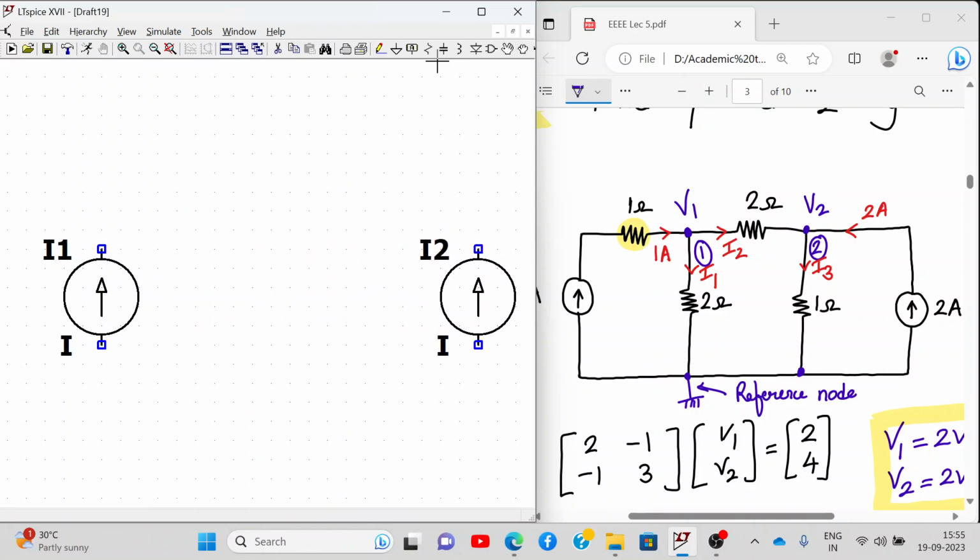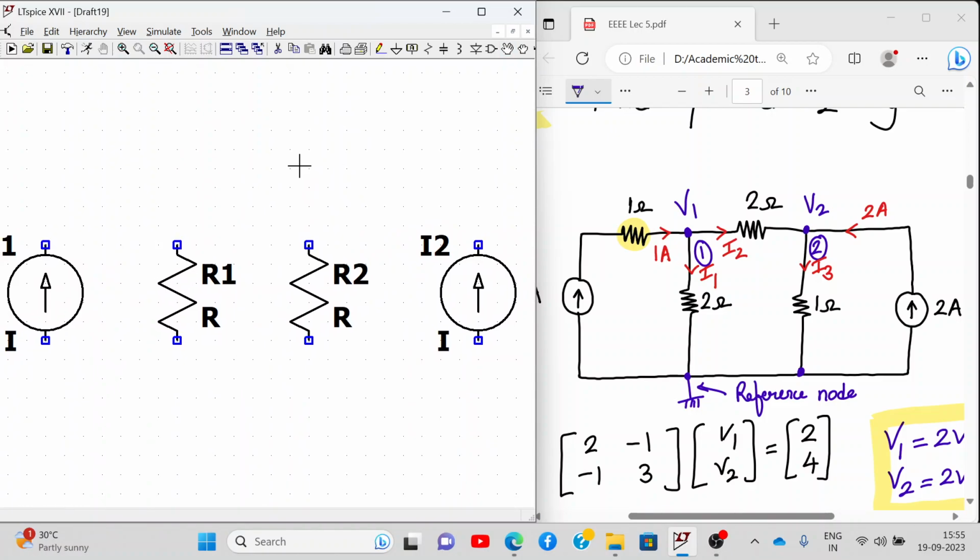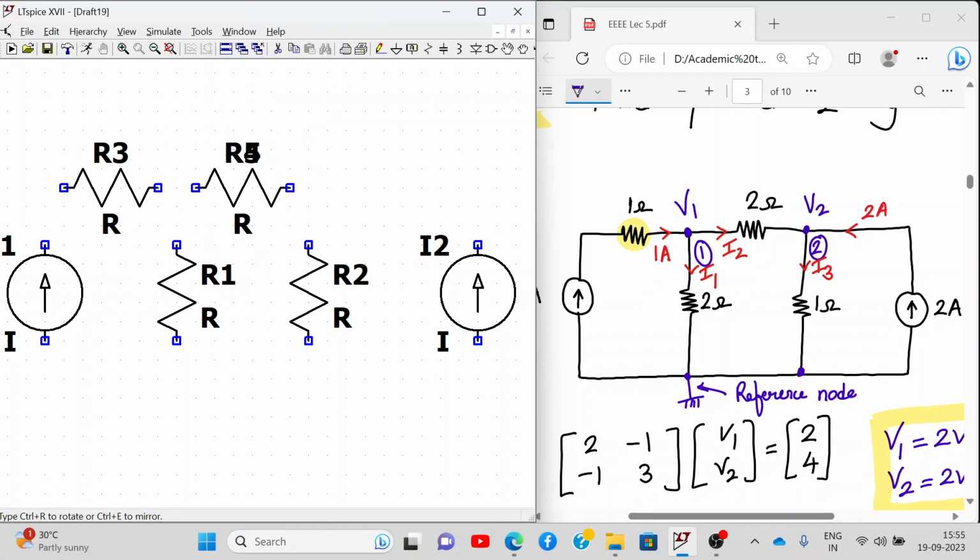Now I require a resistor, so you take the resistor from here and place it over here and over here. If I want to push any component further, I can select it using this move option. Now I require two more resistances, so I'll rotate them. Now all the components are ready.